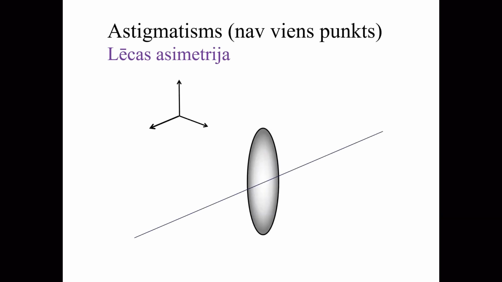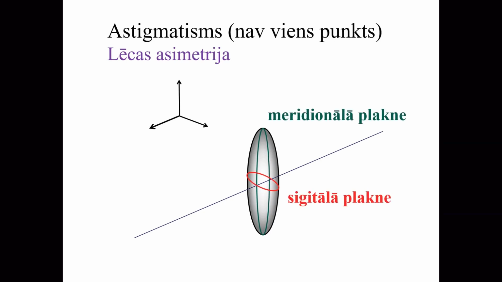So this is the lens, three coordinate directions, X, Y, and Z. And here you see that the lens really isn't spherical, it is like an ellipsoid. And so there are two planes. We can divide this lens into two directions, Z and X direction, and actually by two planes.